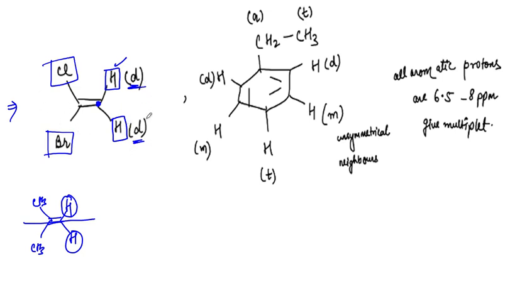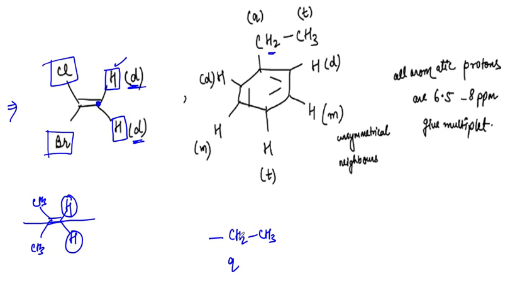Similarly, let's see that over here in this molecule. Usually, if we are having a CH2CH3, whenever you are going to see this, always remember that these three protons are going to split the signal for this CH2, or basically the protons for this one, into a quartet.